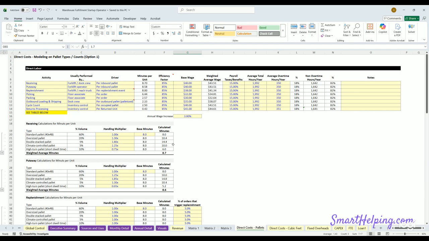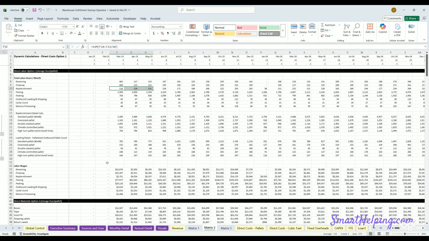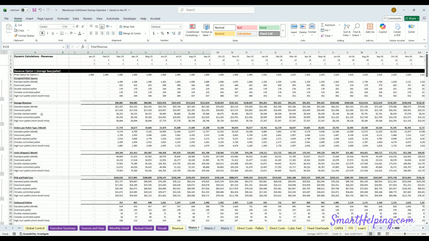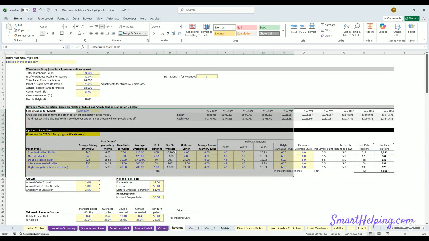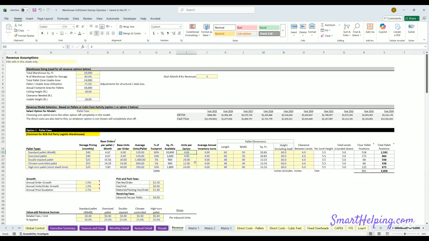However, an outbound pallet in this calculation, if you go to the outbound pallets here, this is based on units. This probably spent the most time on. So you're trying to figure out units per carton or units per pallet, and based on units shipped to figure out how many outbound pallets you have.